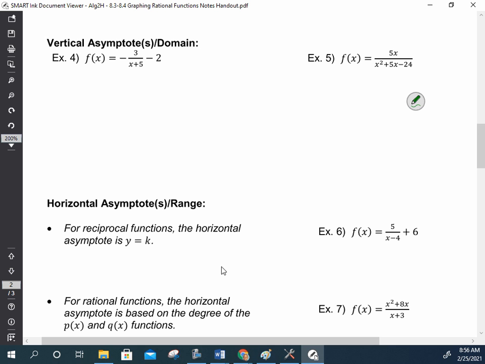So for a vertical asymptote, take the denominator, set it equal to 0, then solve.